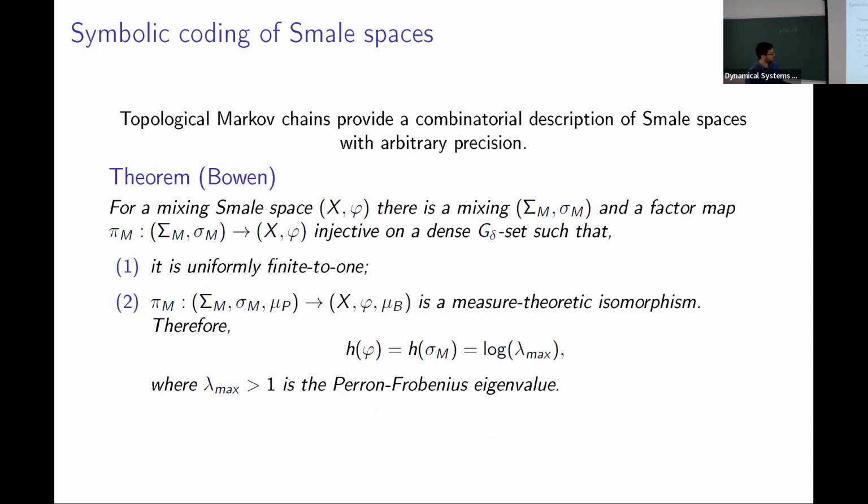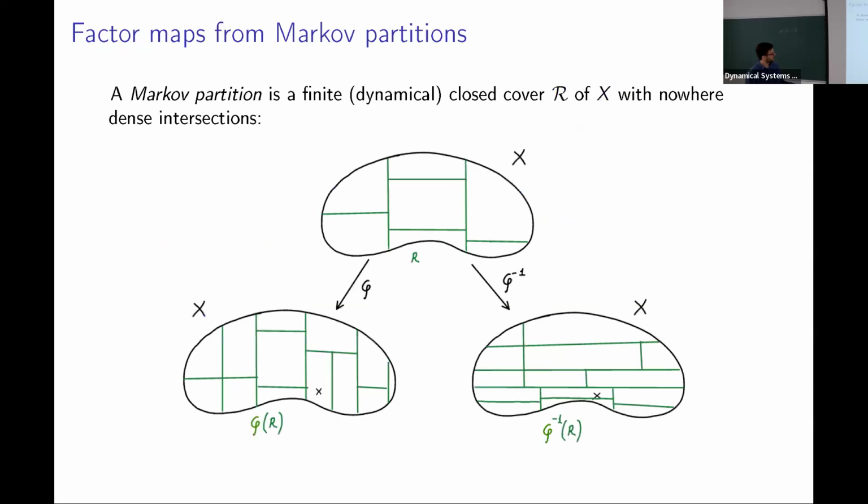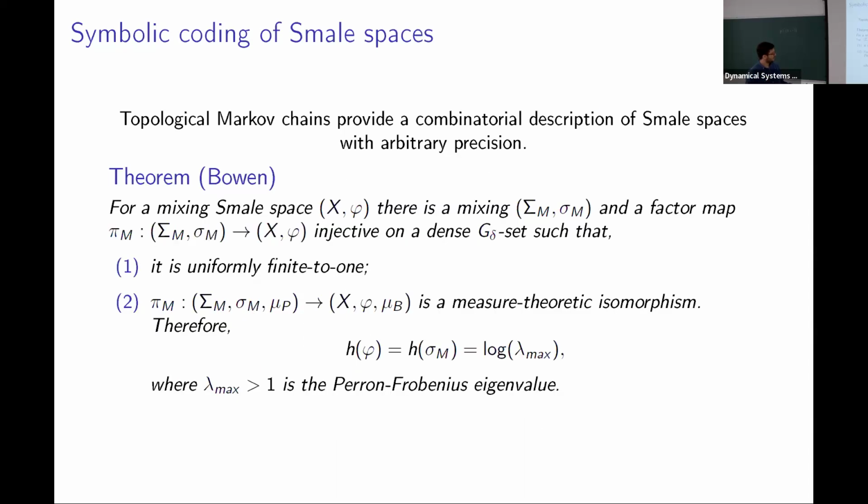Okay? Because if we go back to this, the volume of such a rectangle will be the image under this quotient map of a cylinder set on the shift space.